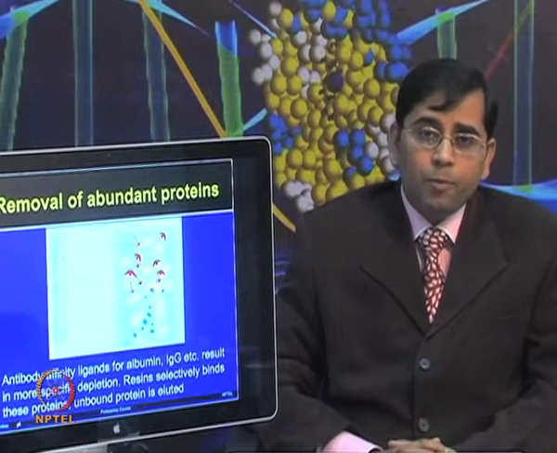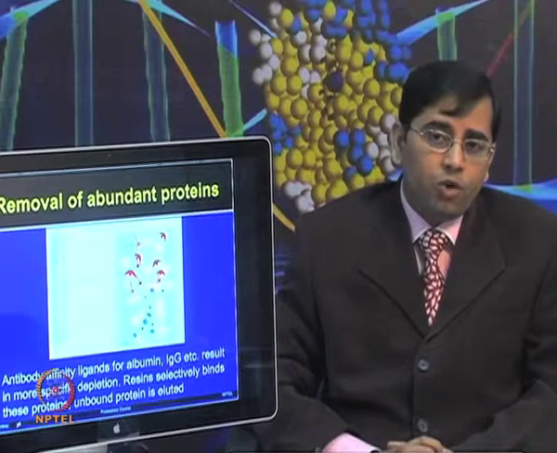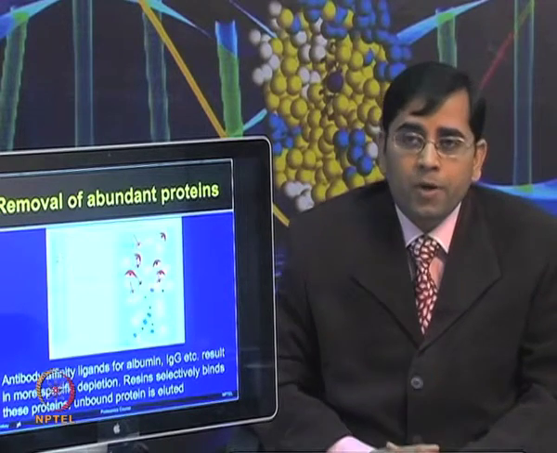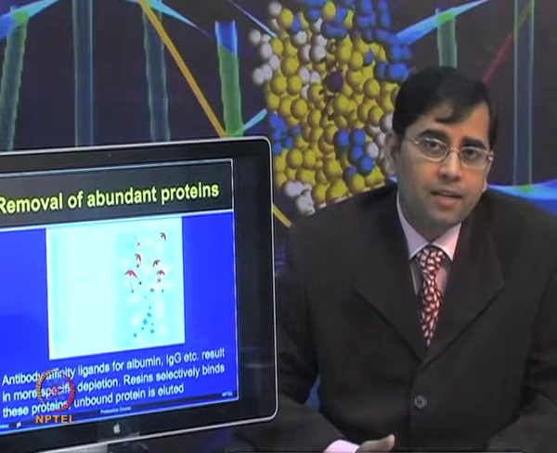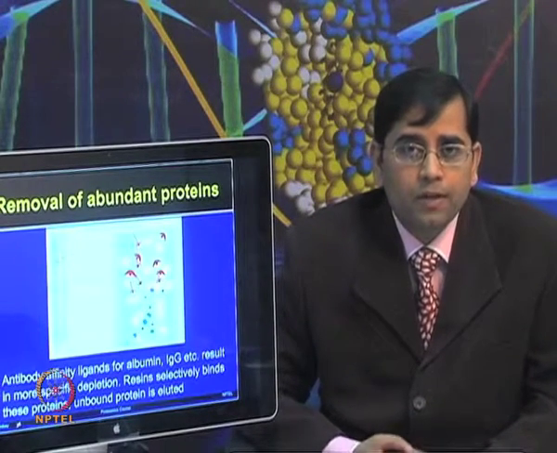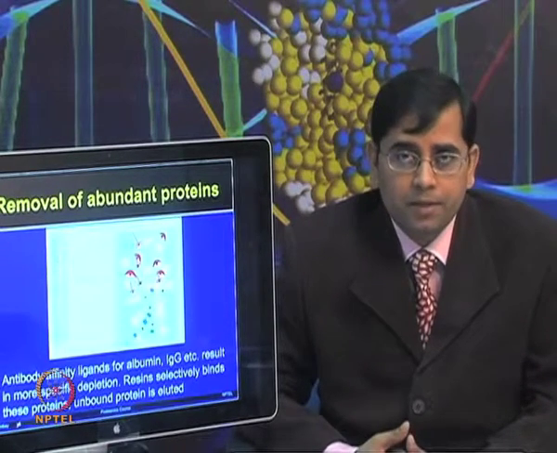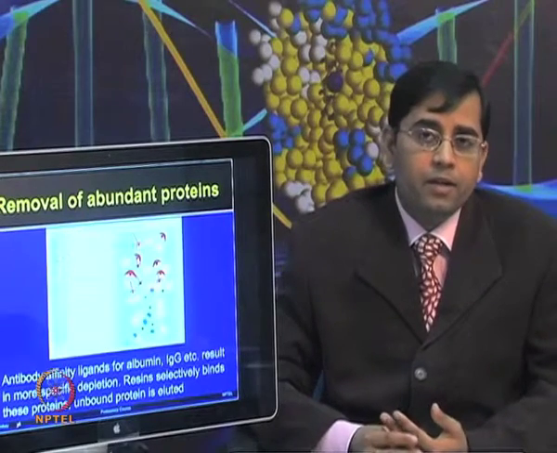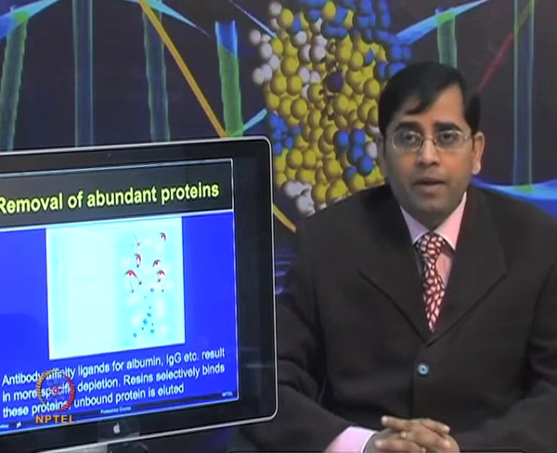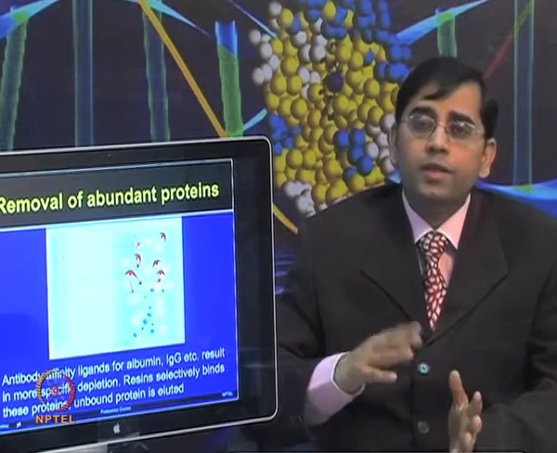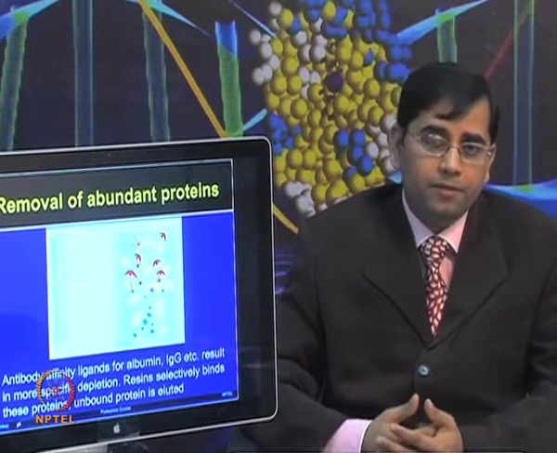There are different ways people have tried to remove these abundant proteins; molecular weight cutoff and different types of chromatography methods have been used. The affinity chromatography based methods are highly efficient for specific removal of these abundant proteins, because there is always a fear with molecular weight cutoffs that along with albumin and other high molecular weight proteins, you will also get rid of high molecular weight proteins which are non-abundant.